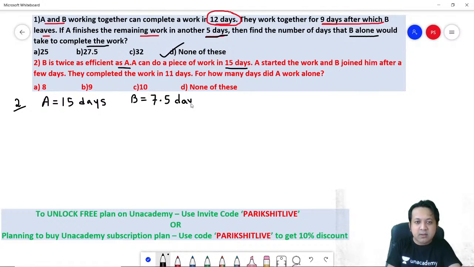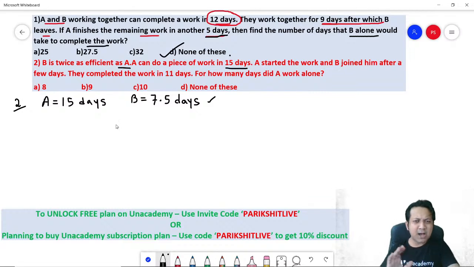Think about it. I do twice the amount of work per day, so obviously time required would become half, because the more work I do per day, the less time I would take. So A is taking 15 days, and B is twice as efficient, hence B would take 7.5 days.